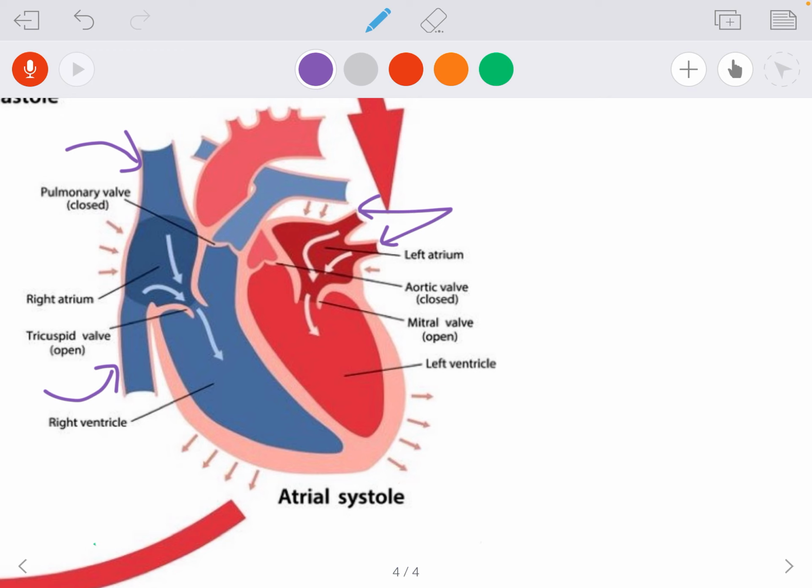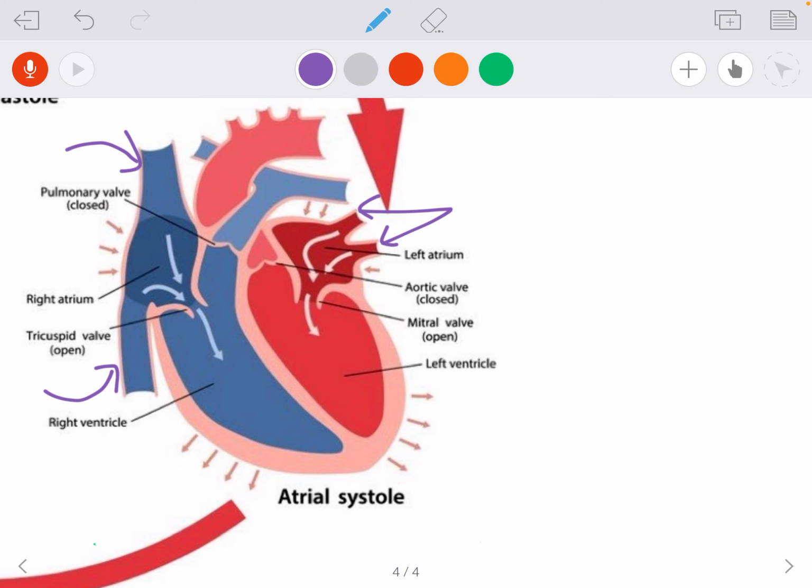So the blood at first is supplied to the heart where? Through both atria, the right and the left. Now the atria are filled with blood, the blood that has come from body parts, including lungs.